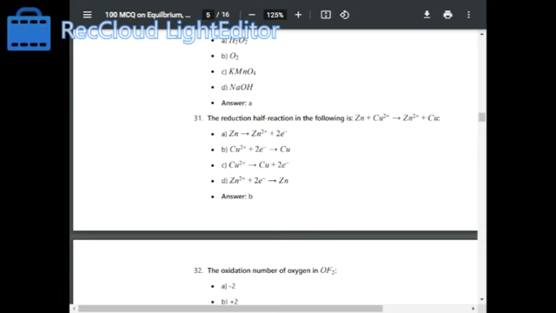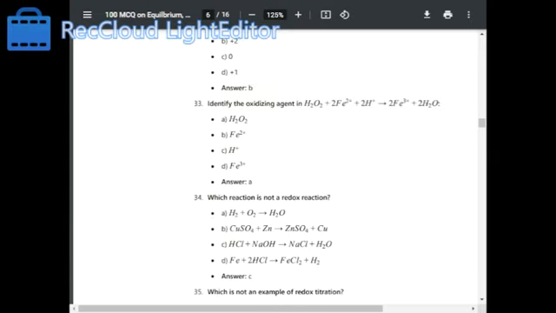B, Cu2+ plus 2e- equals Cu. D, Zn2+ plus 2e- equals Zn. The correct answer is B, Cu2+ plus 2e- equals Cu. It is the reduction half reaction of the following. So option B is correct.